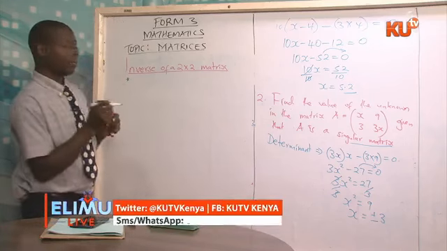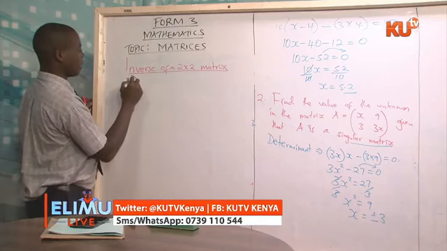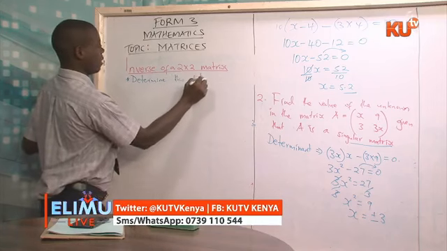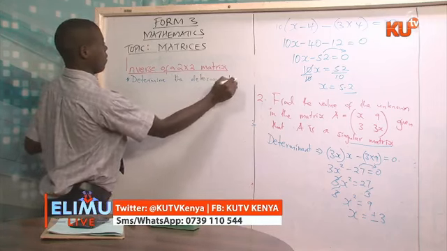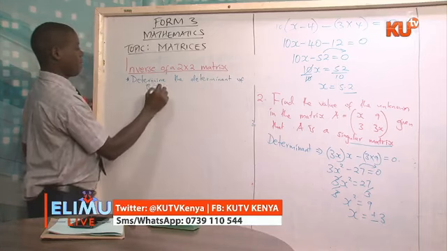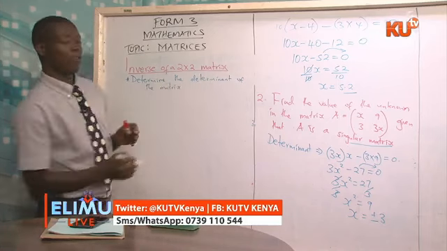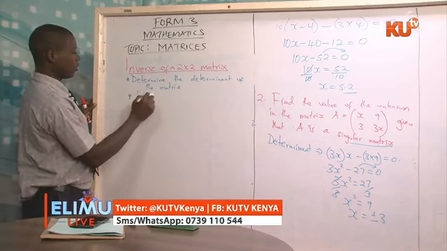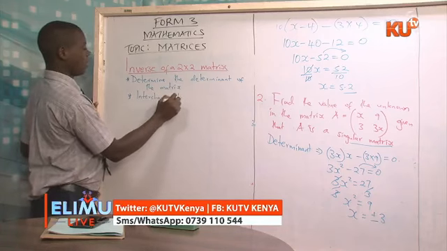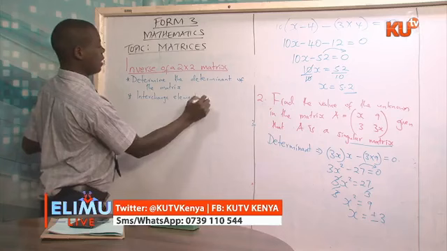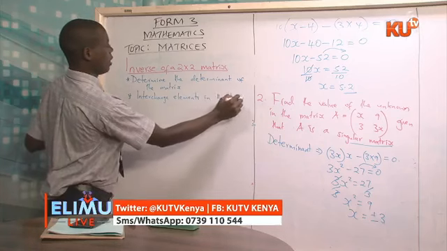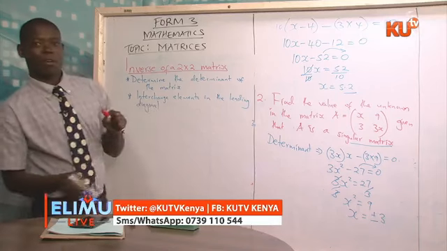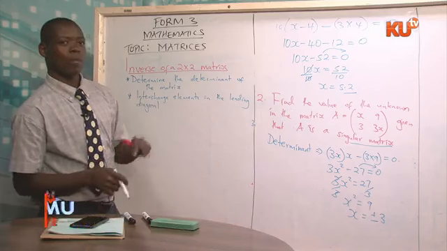Number 1, students must know how to get the determinant. So you determine the determinant of the matrix. Once you obtain the determinant, step number 2, you interchange the elements in the leading diagonal, meaning you shift the position from one to the other.